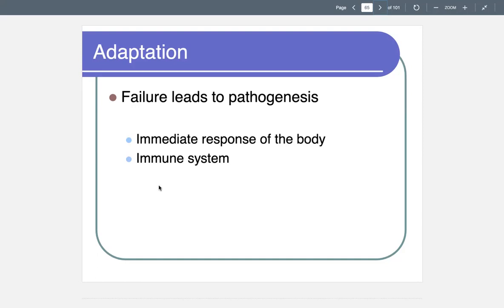Kapag hindi, class, hindi nila maagapan yung harmful effect ng foreign bodies in our body, this could lead to the pathogenesis. Meron clinical apparent illness. Failure of our body na mag-response doon sa infectious agent na yon could lead to pathogenesis, yung paglabas ng signs and symptoms.